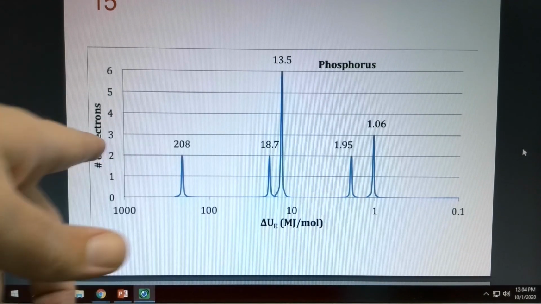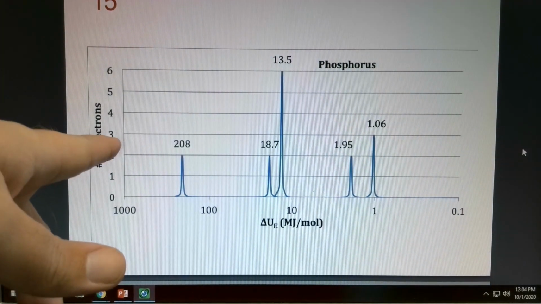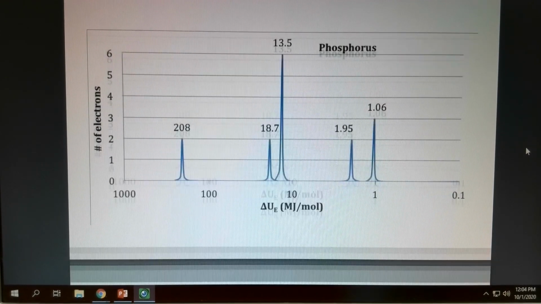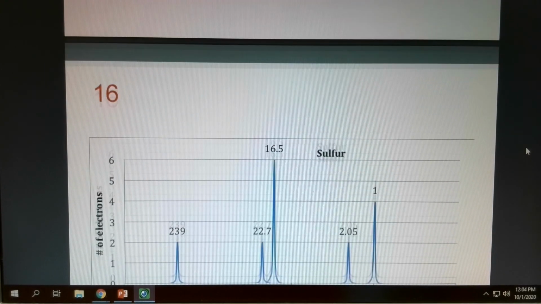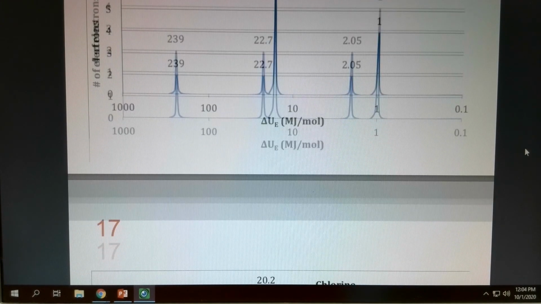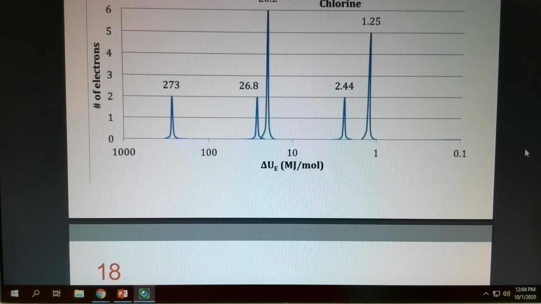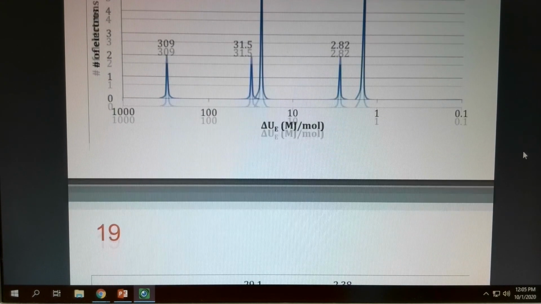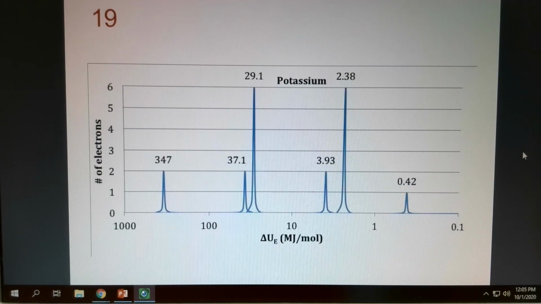And how do I know it's 3? Because look at the number of electrons in that peak. Here's 3p4 for sulfur. Just going to quickly go through, this video is getting long. So 3p5, 3p6 for argon, and there's 4s1 for potassium.